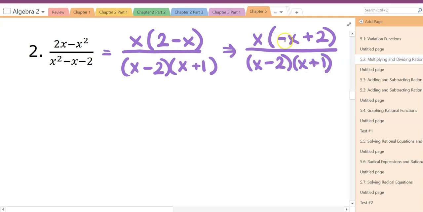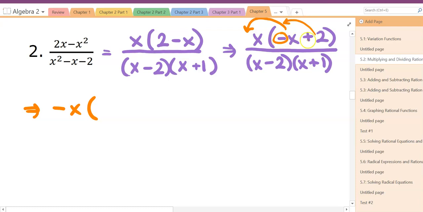Now that negative x plus 2 is really similar to x minus 2. What I'm going to do now is take this negative and pull it out front. And so that x that I pulled out front is now going to say negative x. And when I take the negative out from the x, I also have to imagine that there's this negative sitting in front of the 2 as well and take that out.